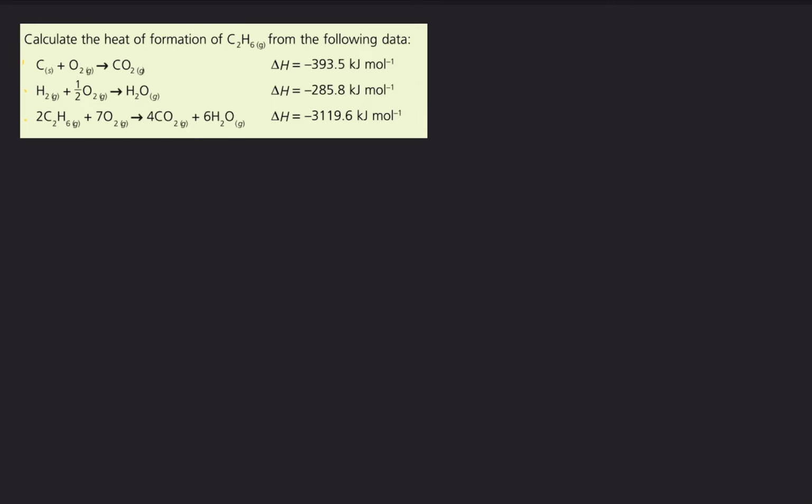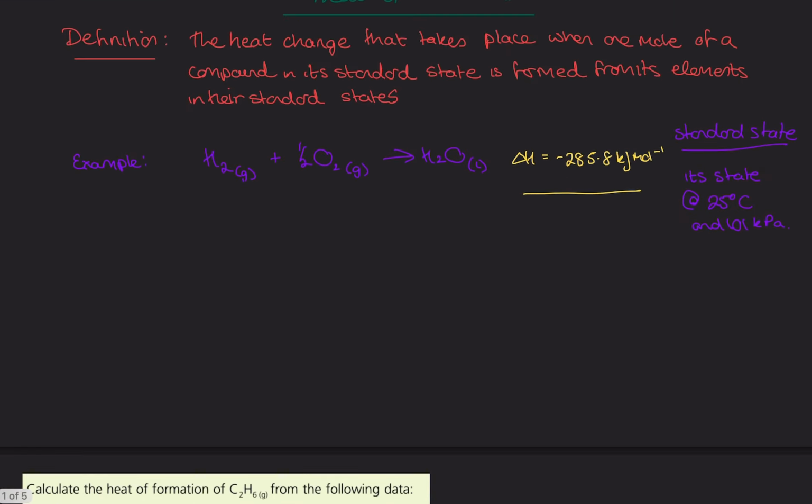When we do these questions, we first need to write out the original equation using just the elements in their standard state to make 1 mole of the compound we're looking for.